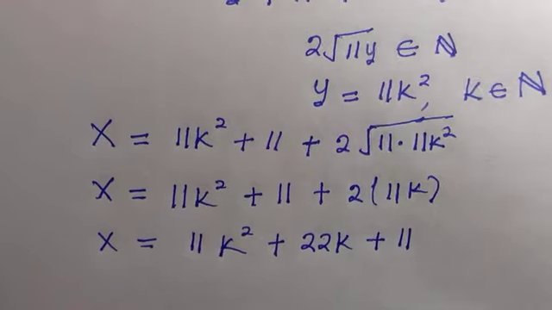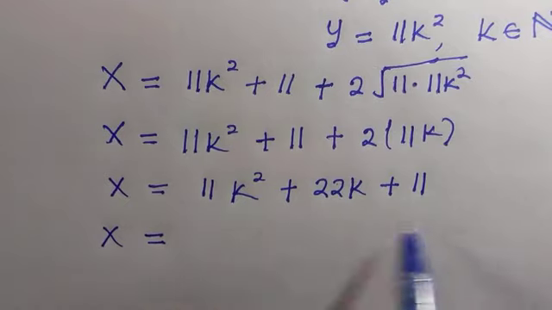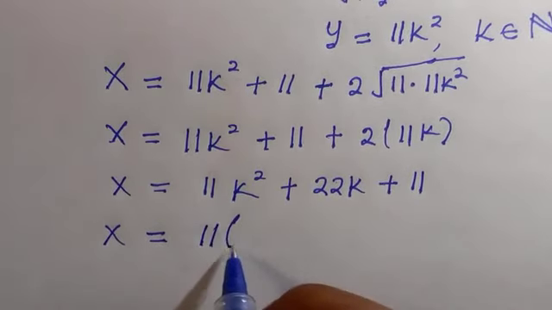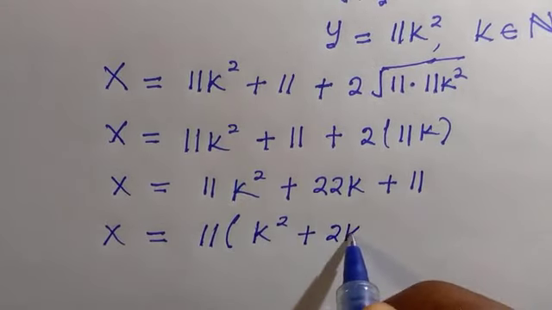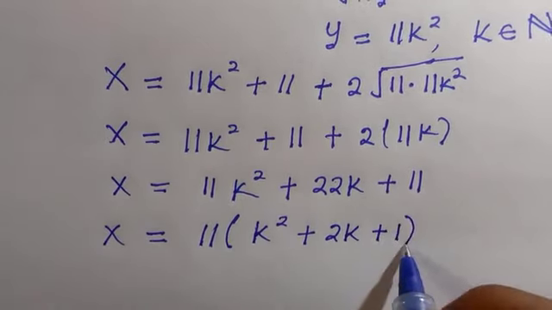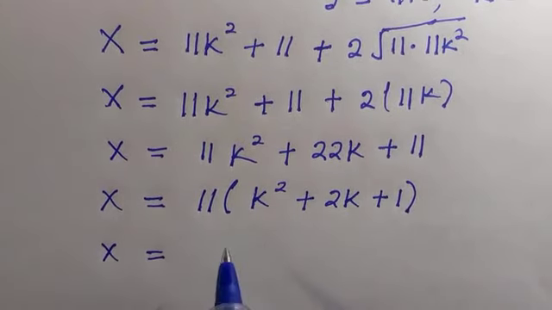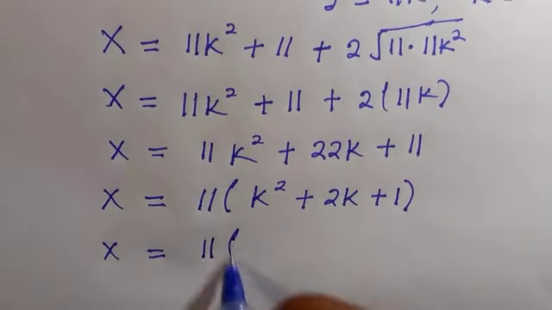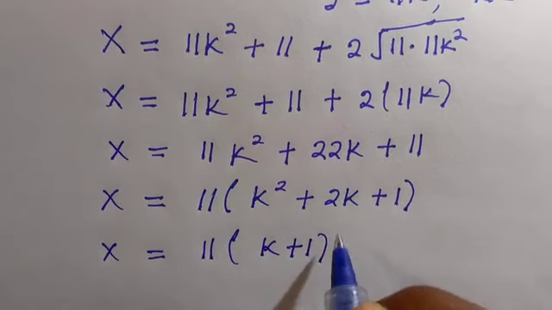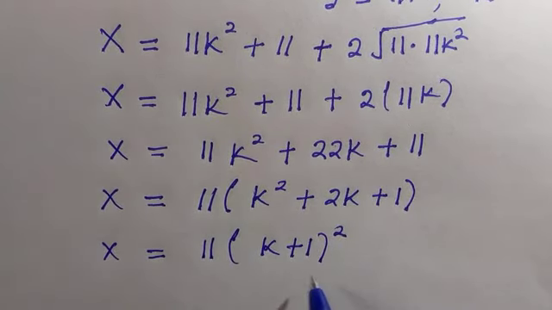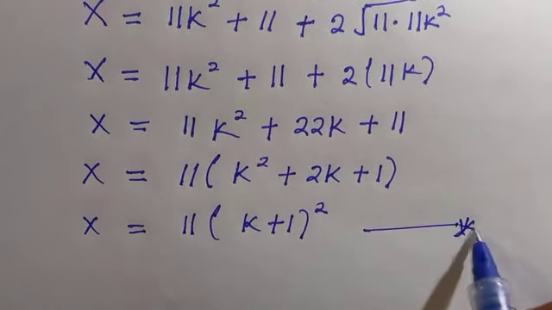By factorizing out 11 at this step, x equals 11 times k squared plus 2k plus 1, which we can obviously factorize. k squared plus 2k plus 1 compresses to k plus 1 all raised to the power of 2, or k plus 1 times k plus 1, but for ease we just say k plus 1 raised to the power 2.